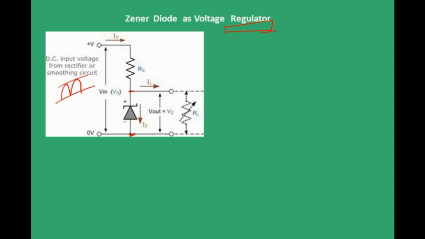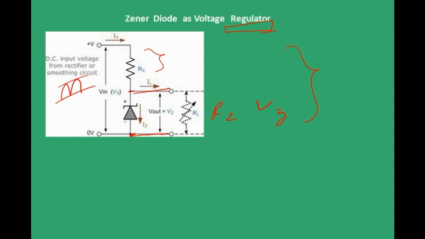So whatever may be the current, this will be constant, and that will be equal to the voltage that is required for our device to run, that is load resistance. So if the voltage is higher, the voltage across RS increases and voltage across Zener diode is same, and hence the sum will be higher as the voltage increases.